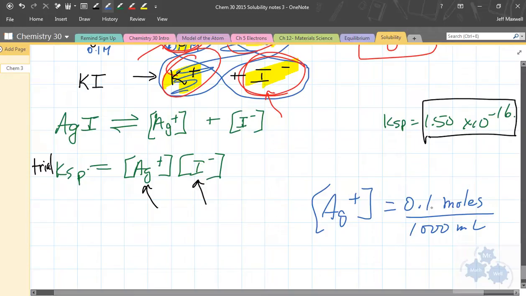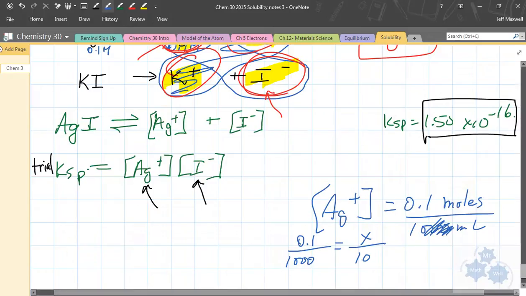So that's 0.1 moles in 1,000 milliliters. Well, we only have 10 milliliters, right? So guess what? We basically have to divide by 100, right? So 0.1 over 1,000 is x over 10, right? Simple proportion to find out.